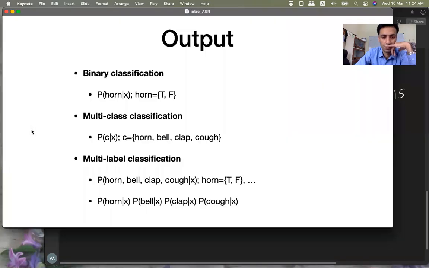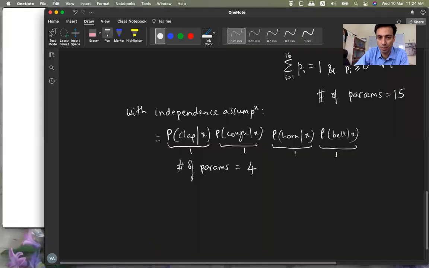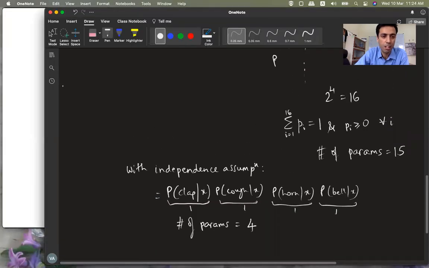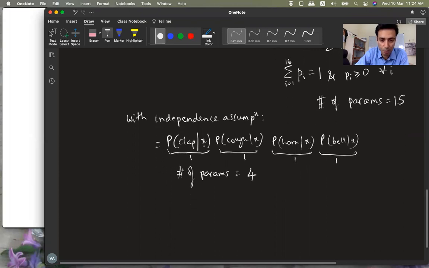Okay, so let's move on. Now to specify my distribution, I need to estimate these many parameters, these many values, from x. To estimate the probability of clapping given x.